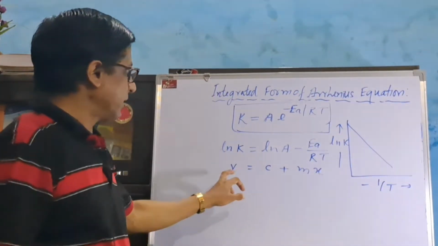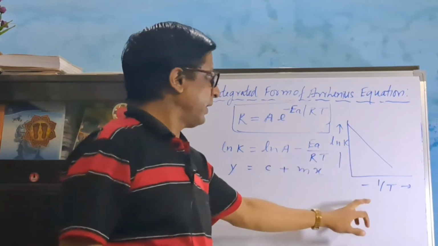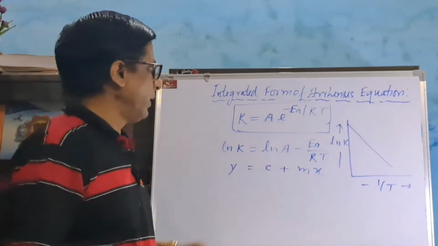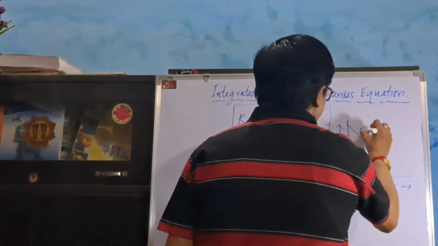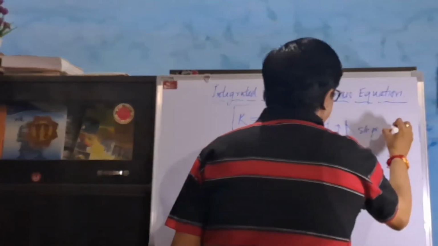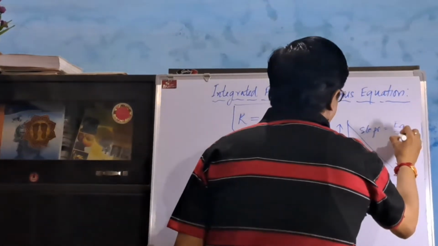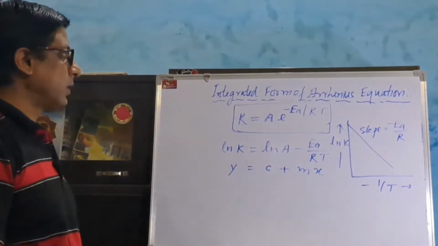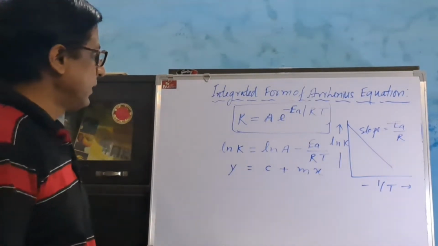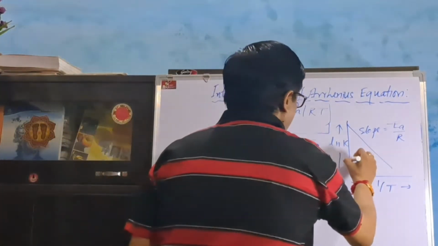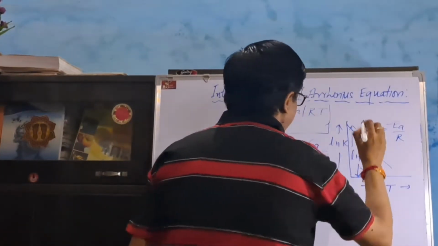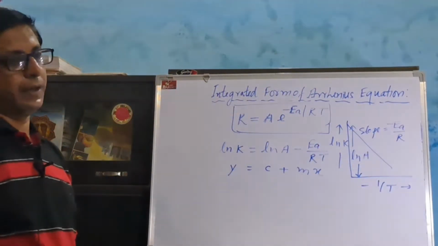Here at y-axis we have taken ln k and x-axis is 1 upon T. Here the slope will be equal to minus Ea upon R, and the intercept is equal to ln A.